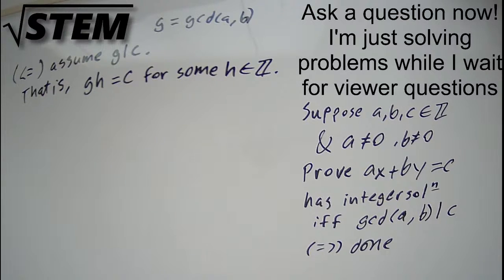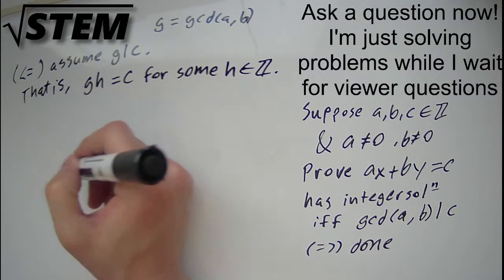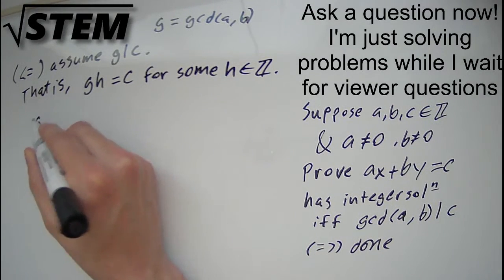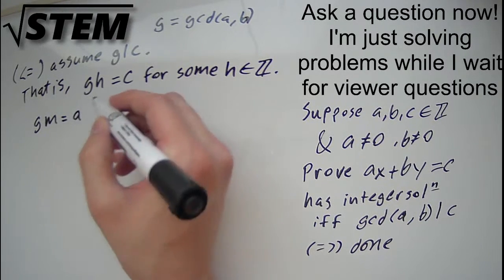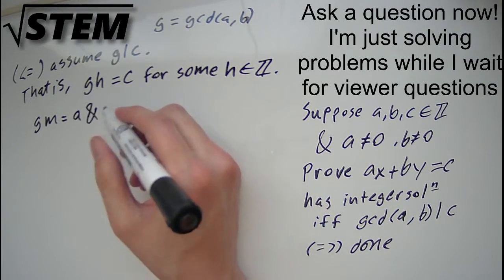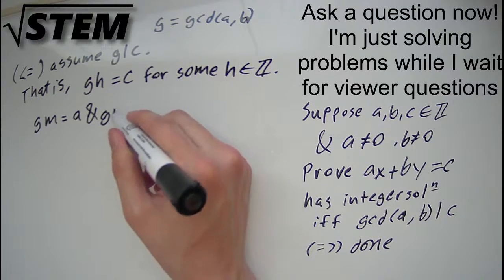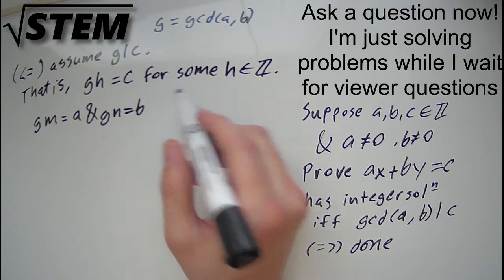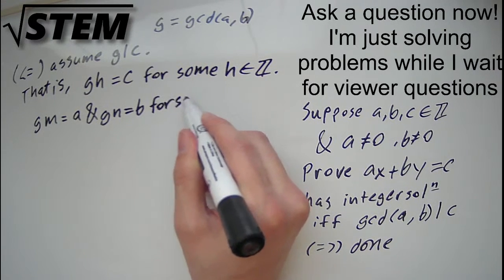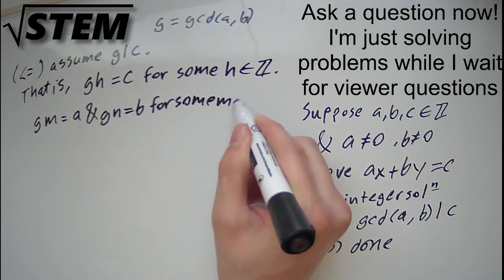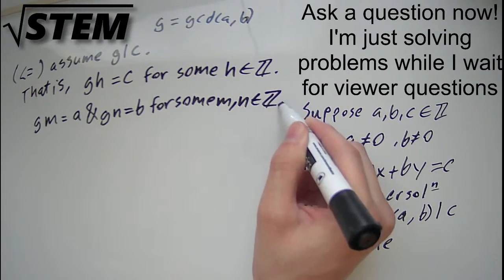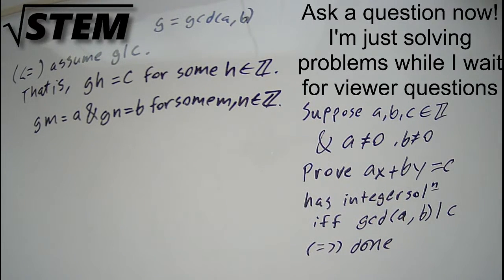Now because G is the greatest common divisor of A and B, we can make the same statements again, that G times M is equal to A, and G times N is equal to B for some M and N in Z. So what can we do with this?